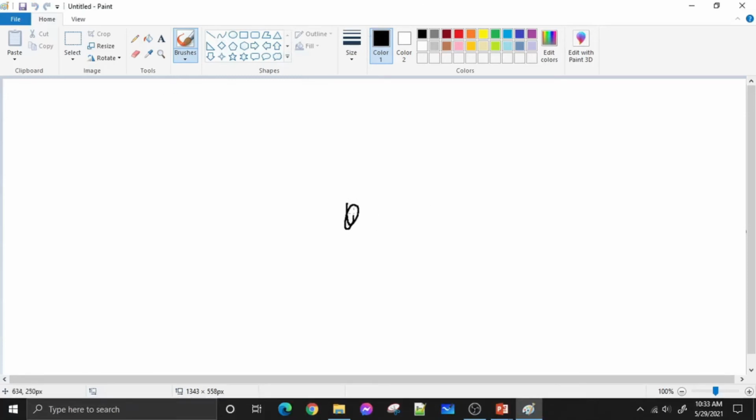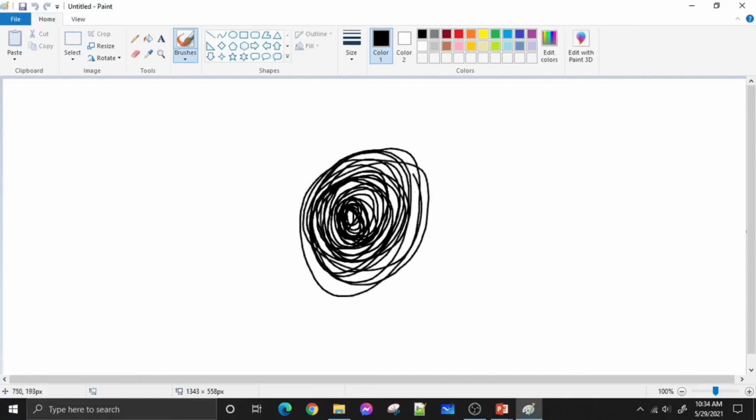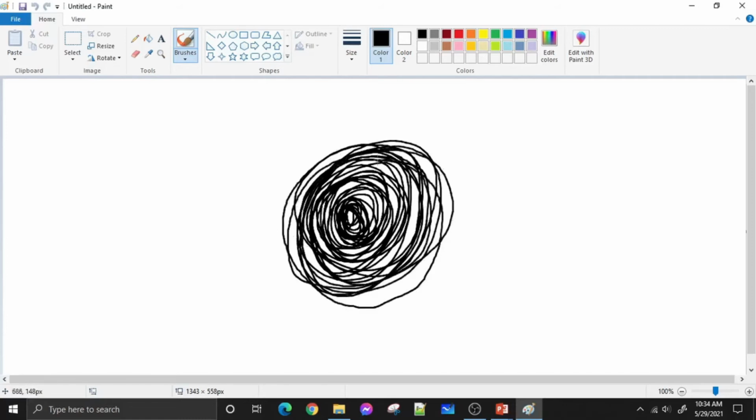So maybe you already know about black holes. A black hole is somehow like a rip, or a hole in time and space in the universe. So it's like a sink.